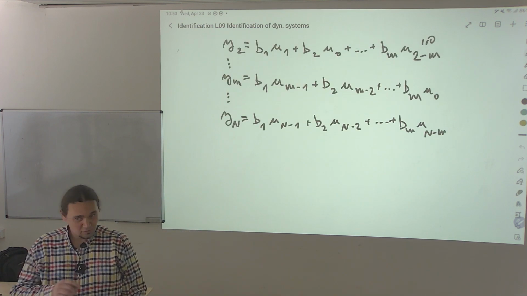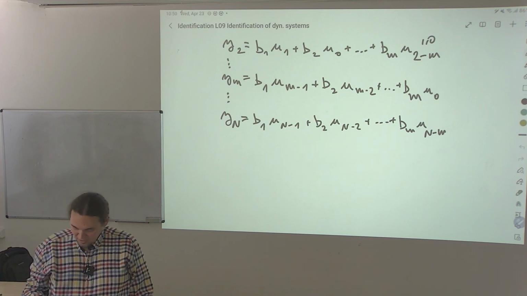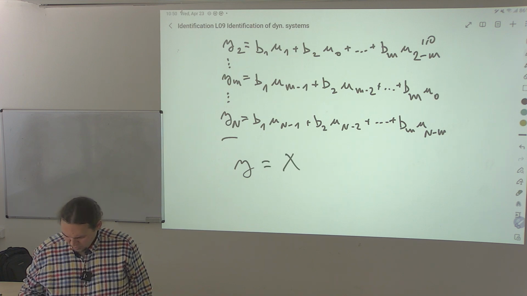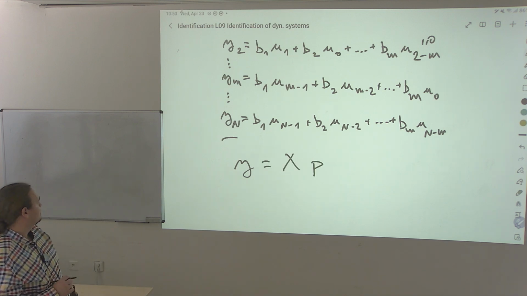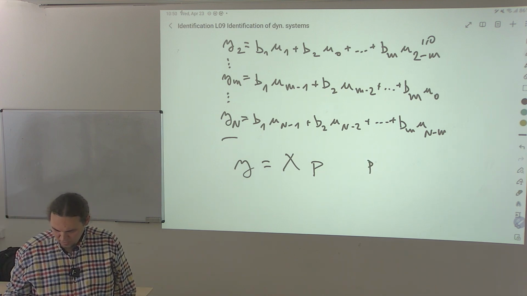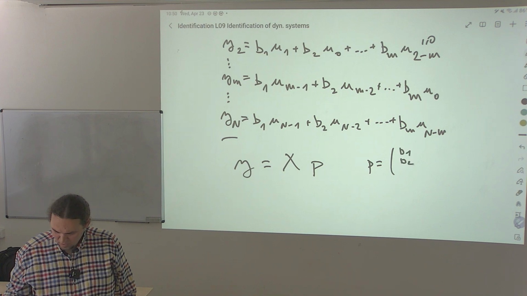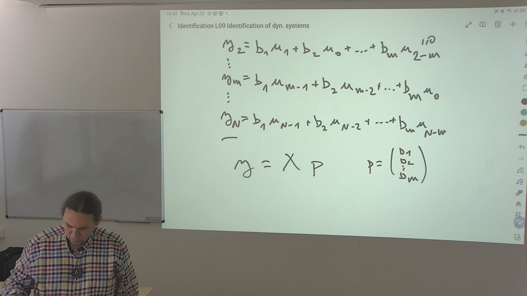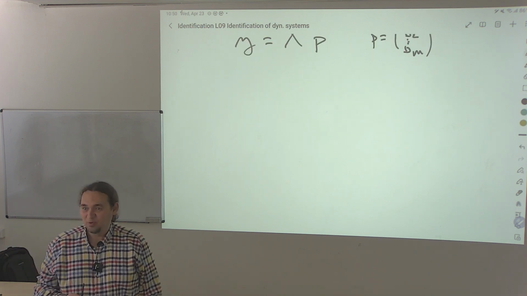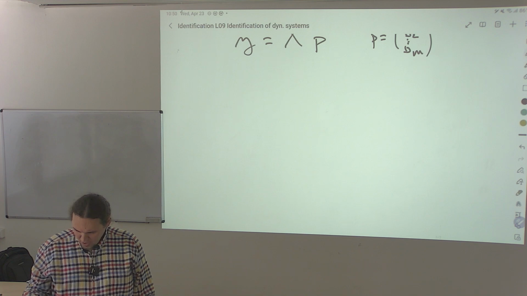So what we can now do is the very same thing that we have done in the linear regression. We can build a matrix equation of this sort, where the vector p would contain all our data points. So let's try it. How would it look like?